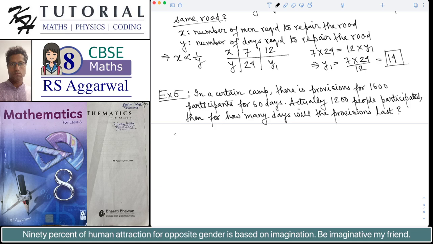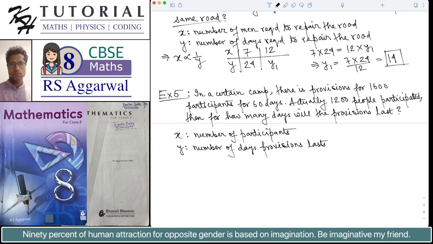So we can consider X to be the number of participants, and Y the number of days the provisions last. That is, the number of days the participants can survive using the provisions.